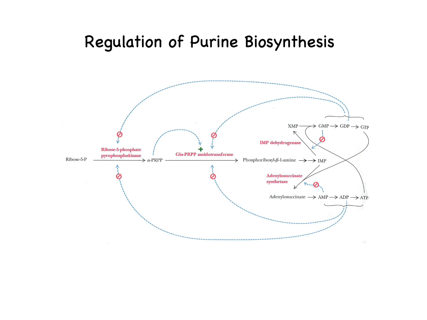Now, if we do get a lot of PRPP, that's a positive regulator to send it through to make the nucleotides. But also an excess of G or A will inhibit that as well. So regulation at several steps here, both in the production of the precursor inosine monophosphate and also to control the ratio of G to A.